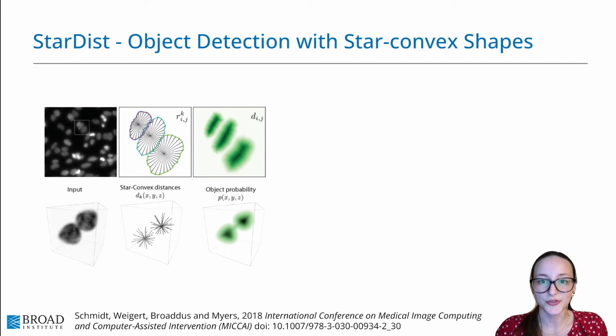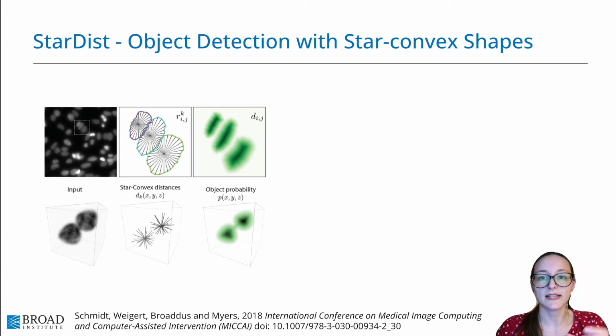So from annotated training data, they trained a model to predict radial distances from each point to the edge of the object. They also trained the model to predict object probability, which is kind of like the probability of a particular pixel or point within the object being the center of the object.